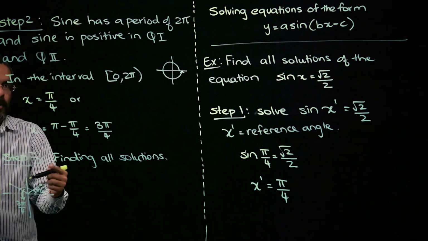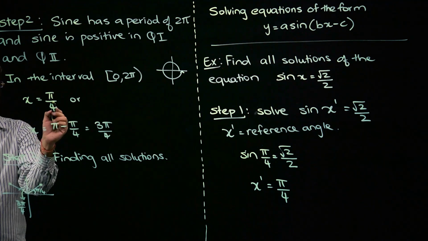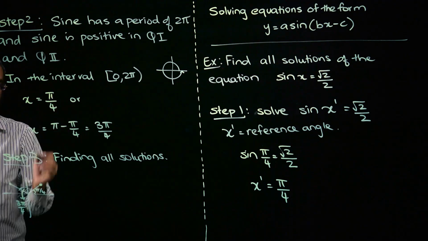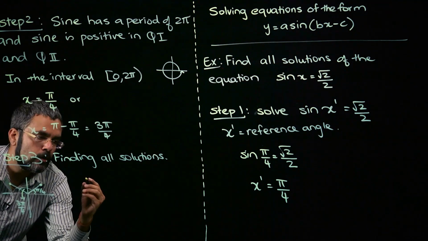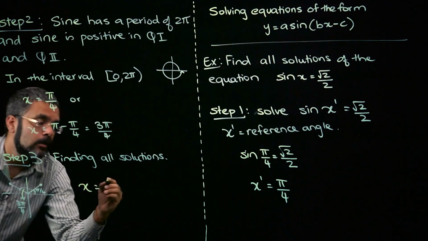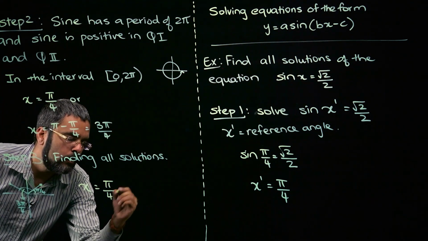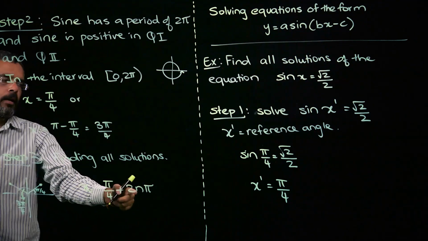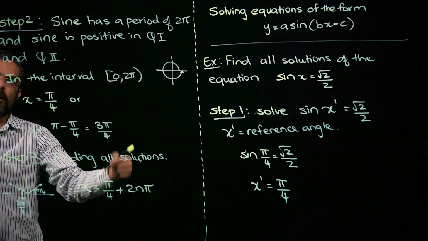So for all my solutions, basically all I need to do is add 2 pi, because if I add 2 pi, I end up at the same terminal point. And so all my solutions are going to be x equals pi over 4 plus 2n pi, because I could add 2 pi, I could add 4 pi, 6 pi, 8 pi, and so on.